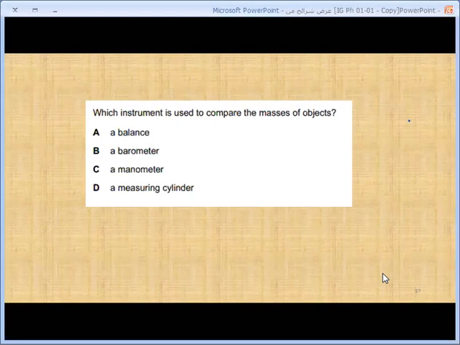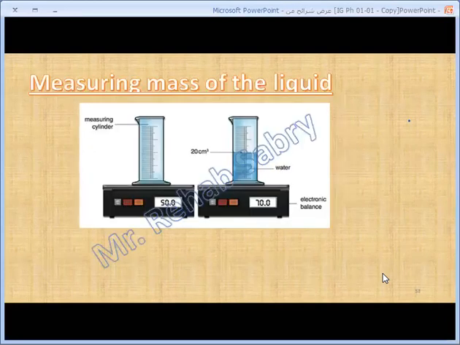The next question. This is not a question, it's an experimental note. Measuring the mass of a liquid. If I ask you how you can measure the mass of a liquid, it would be funny if you said we will put the liquid in the pan, because sometimes the pan is flat, like in this case, and you have an electronic device.